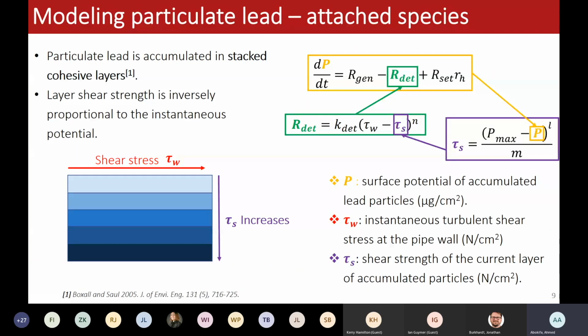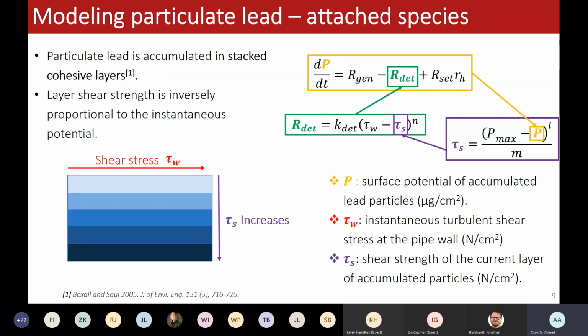For the attached phase, we borrowed the concept of stacked cohesive layers that Javier Boxall developed more than, well, it was 10 years ago when we did this work. He developed this model for simulating discoloration events in water distribution pipes.